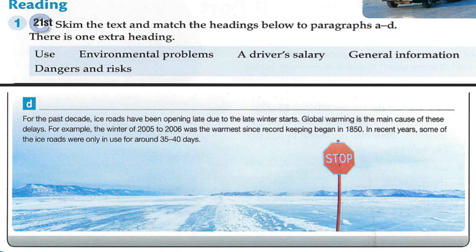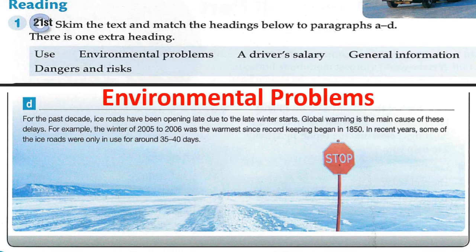Global warming is the main cause of the delays in opening these roads. For example, the winter of 2005 to 2006 was the warmest since record keeping began in 1850. In recent years, new years, modern years, some of the ice roads were only in use for around 35 to 40 days. So this paragraph is talking about environmental problems.